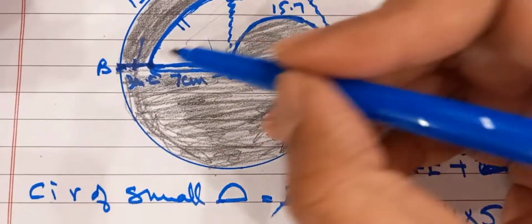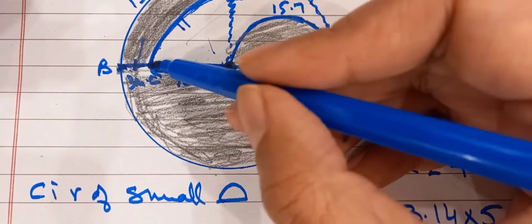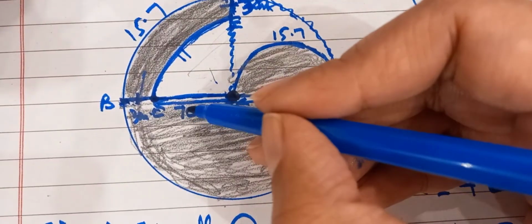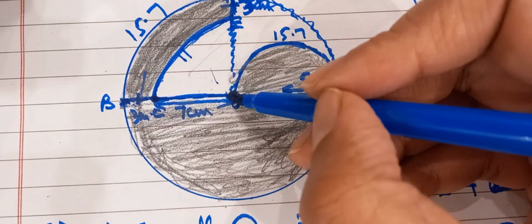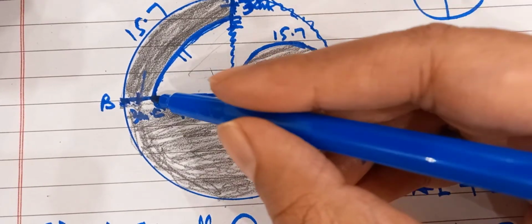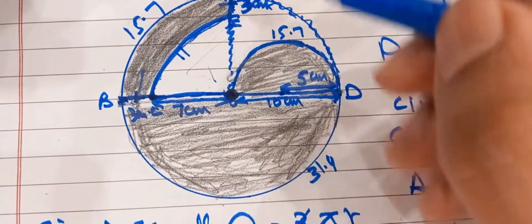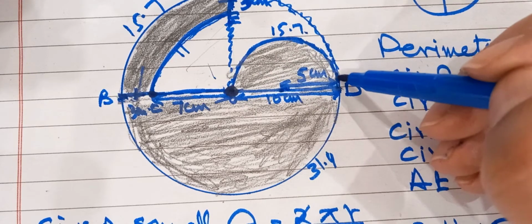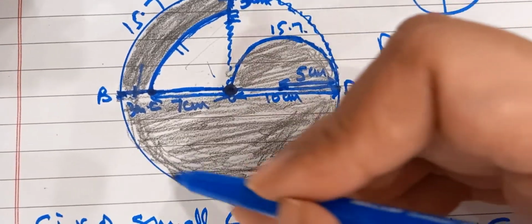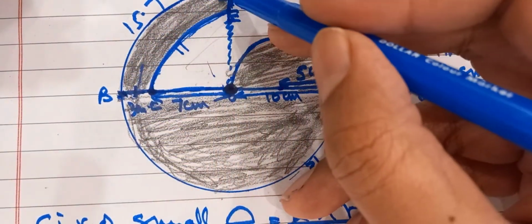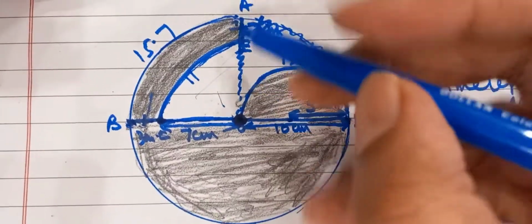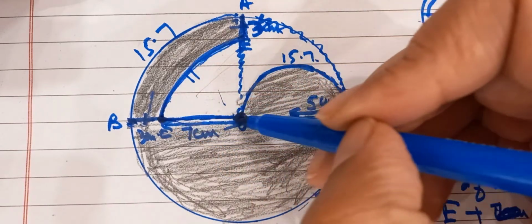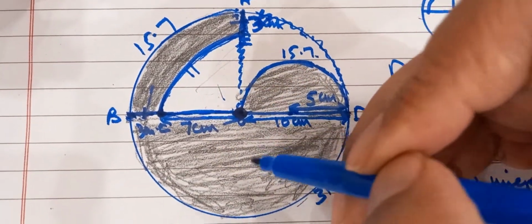I know the value of this because this is also making the outer part of the shape, which is 7, because the radius of the bigger circle is 10 and I have subtracted 3 from it. So this is 7. Now I will add 15.7 plus 31.4 plus 15.7 plus 3 plus 3 plus 11 plus 7, and I'll get my required answer.